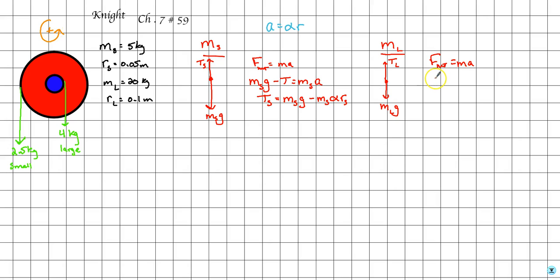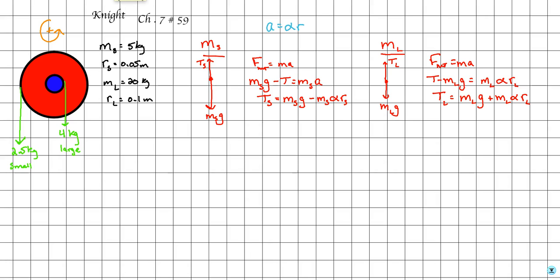So this will be T minus m sub L g is equal to m sub L alpha r sub L, making the substitution. Finding that tension, we've got m sub L g plus m sub L alpha r sub L. So there are the two forces acting on our system.